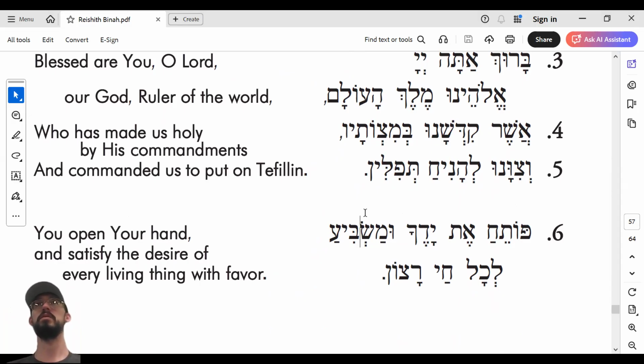And then you can continue with this word. Umasbia. Masbia. Umasbia. Lechol.